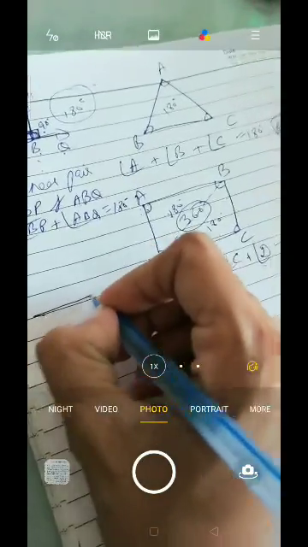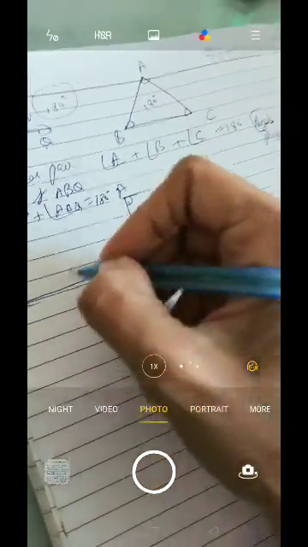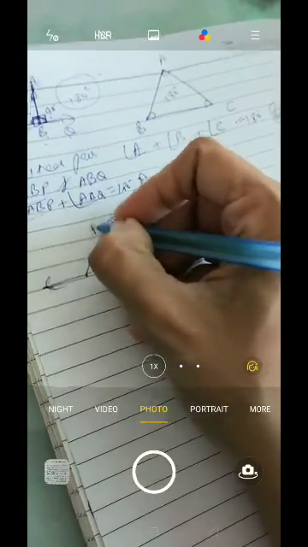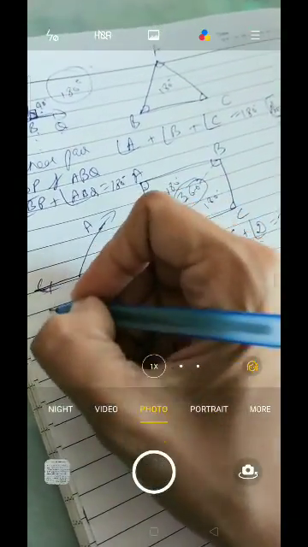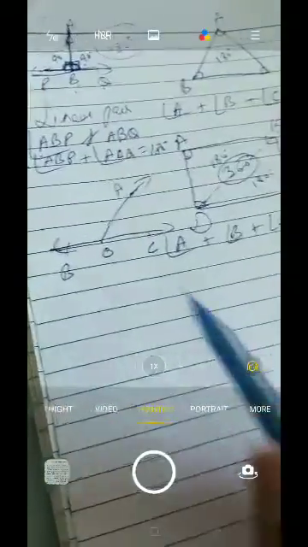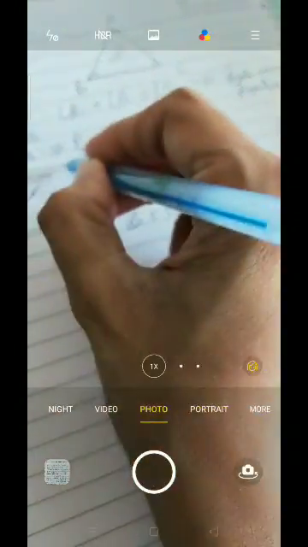Now next, if a sleeping line is given and one slanting line is drawn anywhere, say this is A, this is O, this is B, and this is C. Okay, see this figure properly.